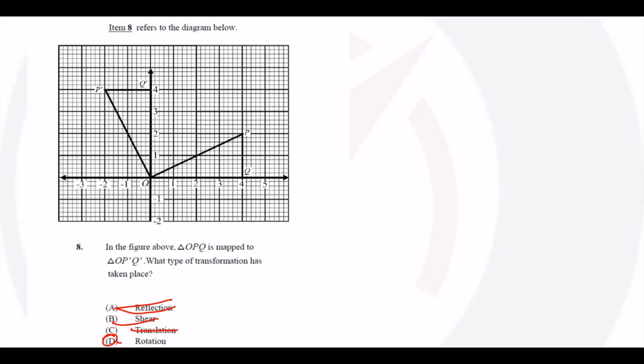Also, you could observe the points. Look at the point. P is (4, 2), and P prime is (-2, 4). If my memory serves me correct, based on observing the points, this would look like a clockwise rotation about 270 degrees.